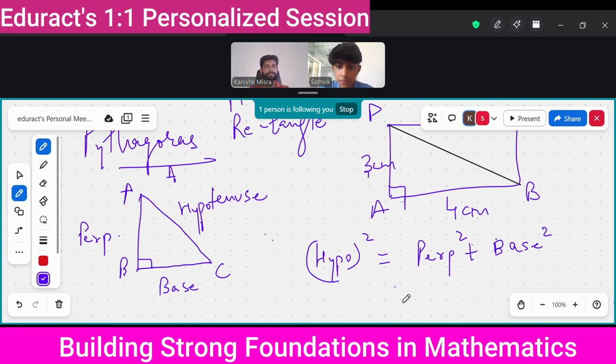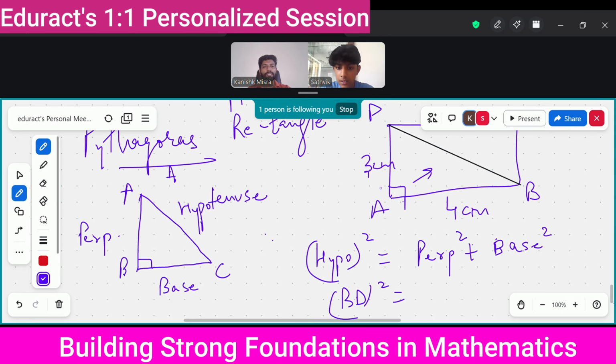Okay. Yes, sir. Now see the case ADB. DB is the hypotenuse because it is opposite to the 90 degree. So we have to find this. So hypotenuse is BD square.